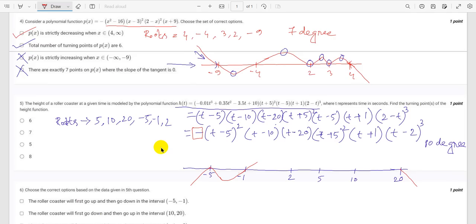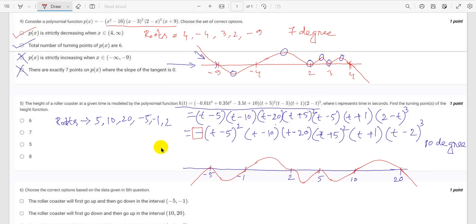For 2, it's cube. 5, it's square. And 10. 20, it cuts the point. So this is our graph.